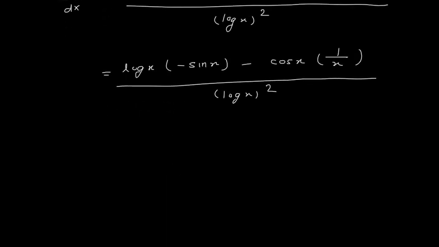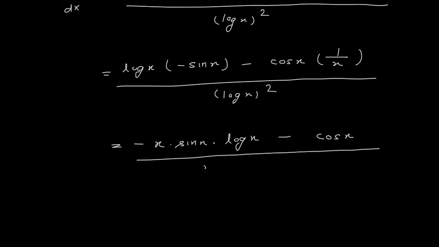So we can cross multiply by this x and then take this log x down. So here we can say that it is minus x into sin x into log x minus cos x whole divided by x into log x the whole square.